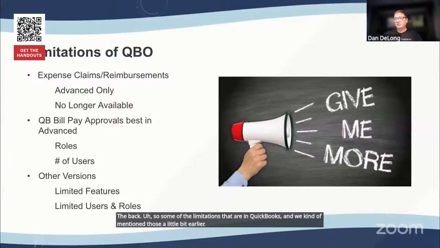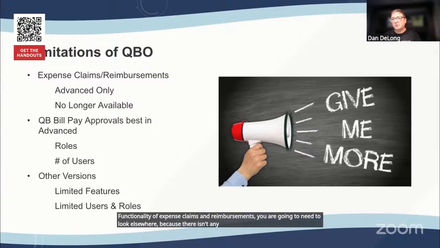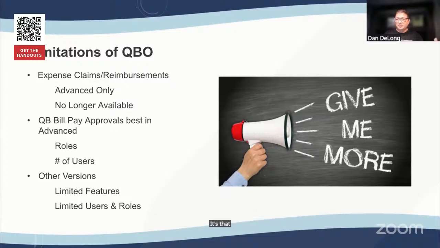When it comes to expense claims and reimbursements, it was Advanced only and no longer available. So if you need functionality of expense claims and reimbursements, you are going to need to look elsewhere, because there isn't any version of QuickBooks that does that, and of course Desktop doesn't do that either.